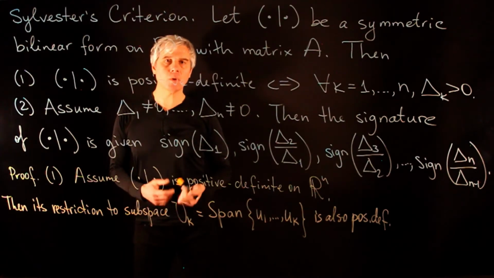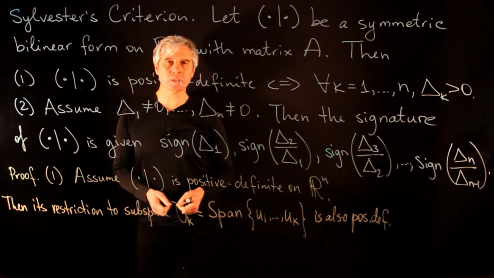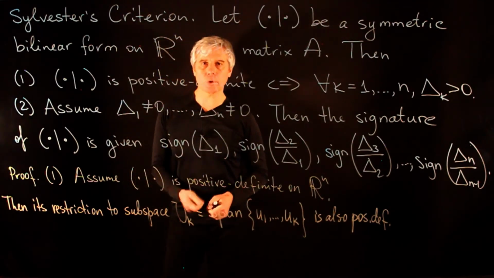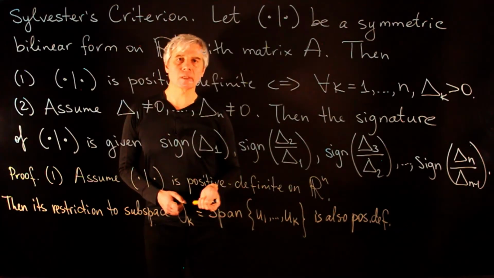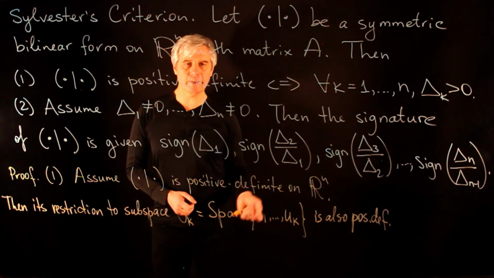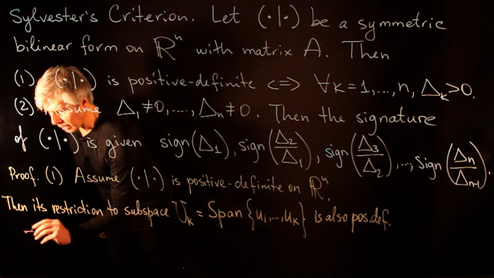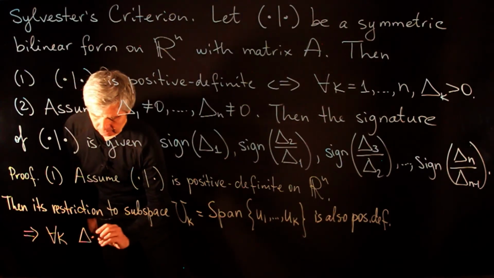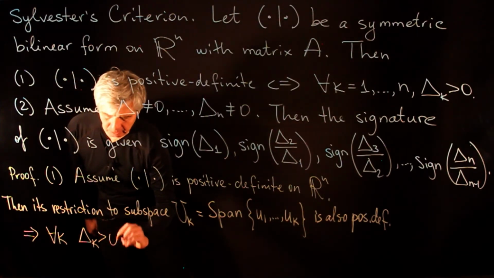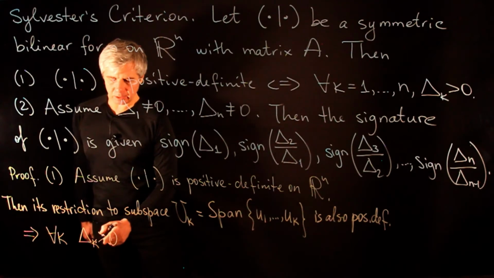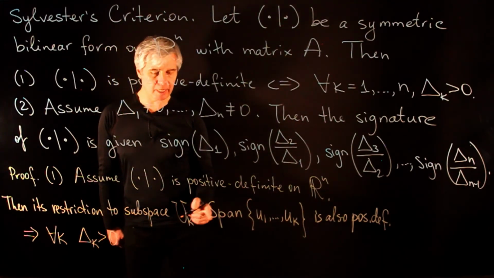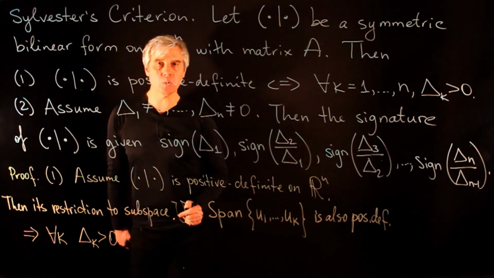But then we recall that the matrix of a positive definite bilinear form has a positive determinant, because this determinant is the product of positive eigenvalues. And then this implies that for all k, delta k is greater than 0, because delta k is the determinant of the matrix of the restriction of the bilinear form to the subspace UK.